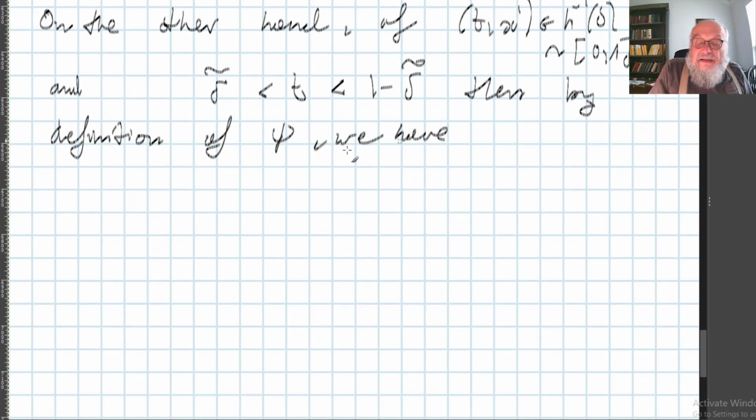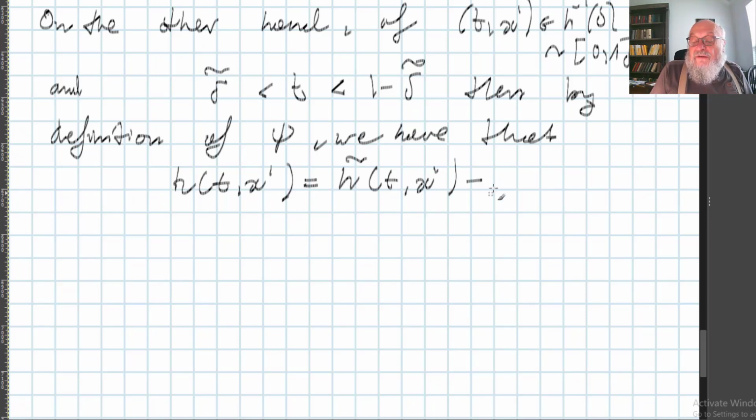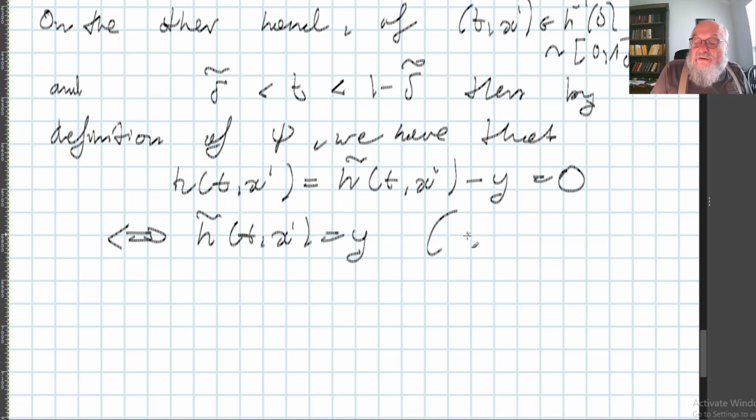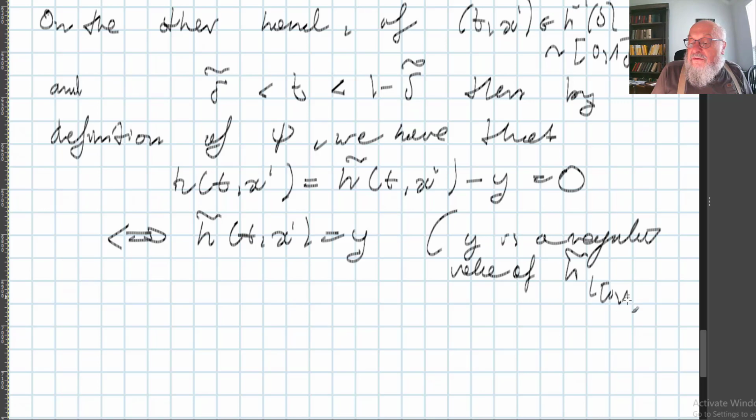So we have that h t x prime is equal to h tilde t of x prime, and that one is equal to minus y, and that one is equal to 0, which is equivalent to saying that h tilde of t x prime must be equal to y, and y is a regular value of h tilde restricted to 0 times omega.